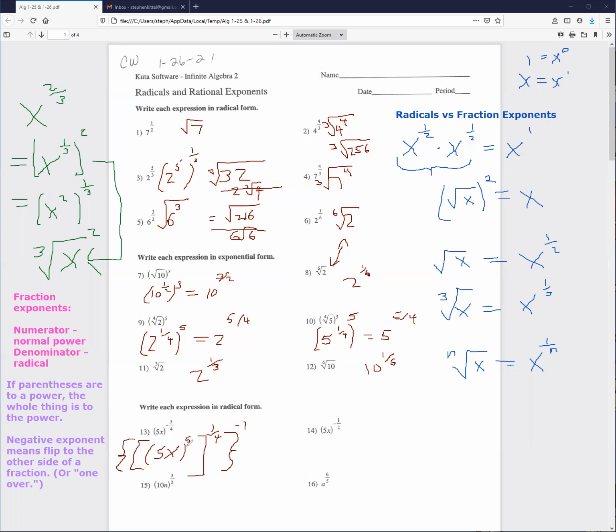So let's talk about first the parentheses. 5x to the 5th is going to be, well, 5 to the 5th, 25, 125, 625, 3125, x to the 5th. And then consequently, we need to do the 1/4 power of that. So that's the 4th root of, and then we have negative exponent, which means it's now 1 over. So this whole thing right here, there's my answer.